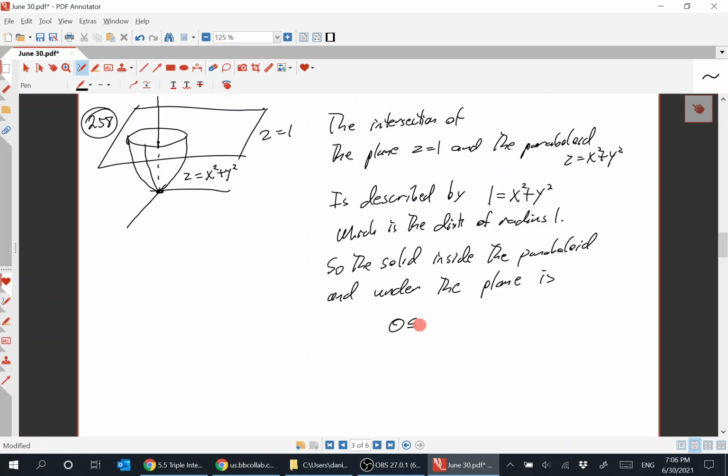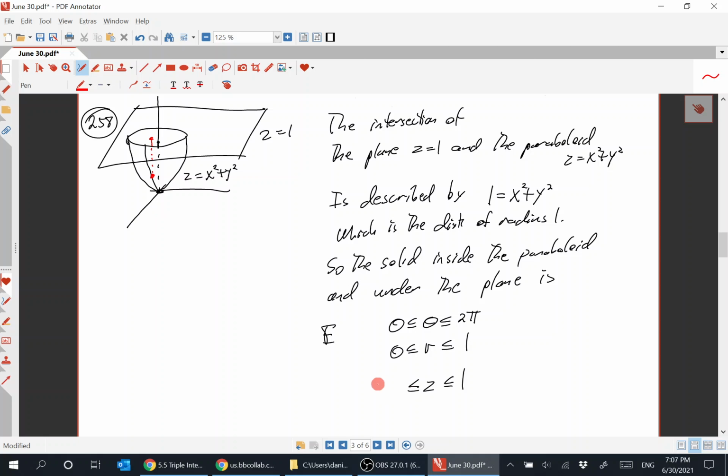So you have 0 less than or equal to theta less than or equal to 2 pi, 0 less than or equal to r less than or equal to 1. And then what about z? Well, z is bounded up top by 1, and it's bounded below by what? Bounded below by the paraboloid.